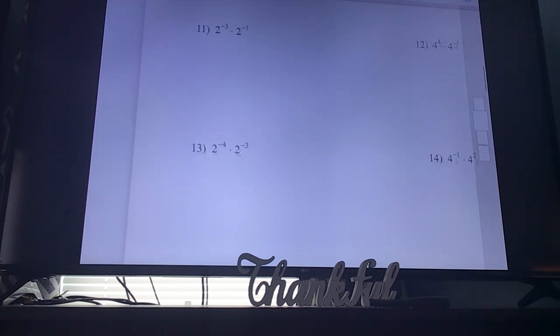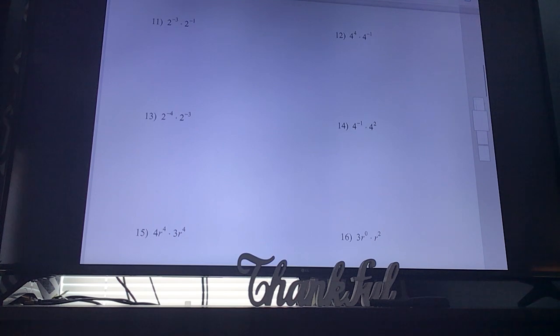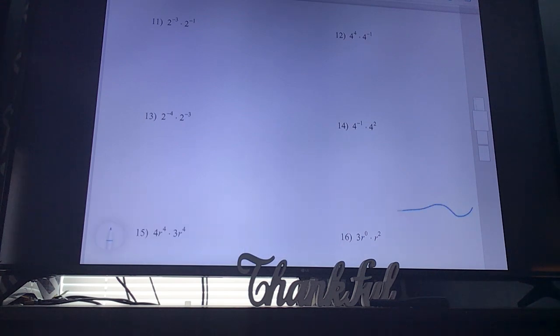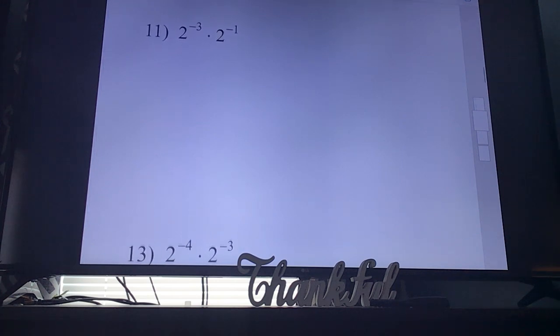Okay, 11 through 14, remember those are just numbers, not numbers and letters, and so the rules are going to be a little bit different, so maybe draw yourself a squiggly line or something. The rules are different for letters or numbers. So when it's just numbers on any multiplication, division, etc., we always keep the big number the same.